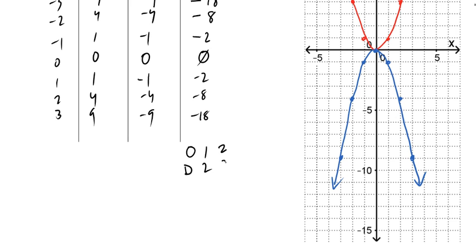Over 2, down 8. Over 3, down 18. It was negative, so instead of going up, we're going down. Actually, what we can do is you can go up 1, 4, 9. That's the base pattern. Multiply by -2. Down 2, 8, 18.